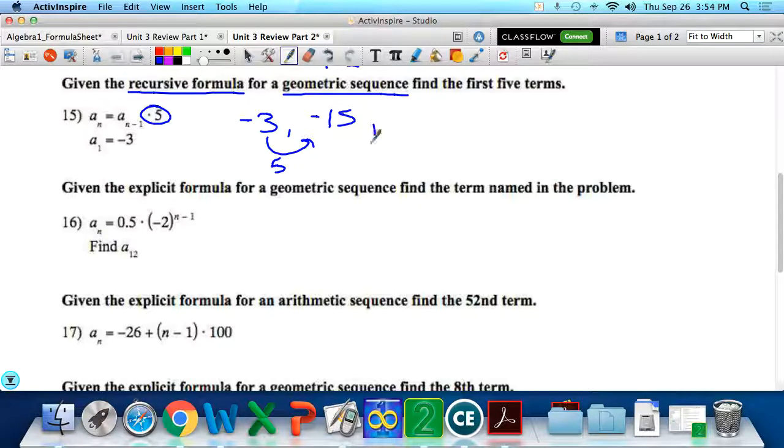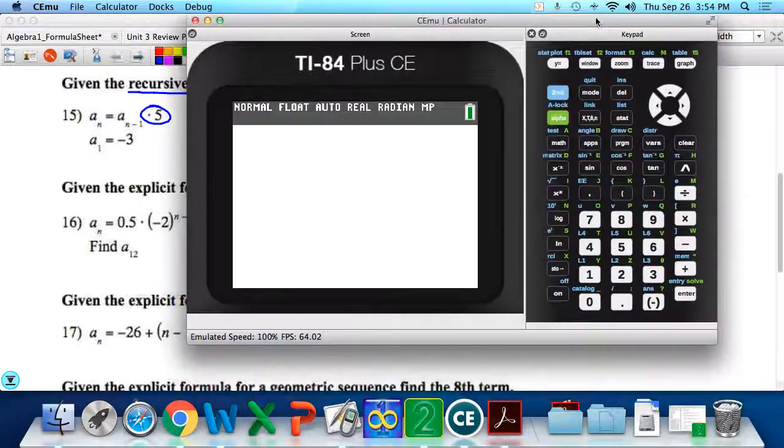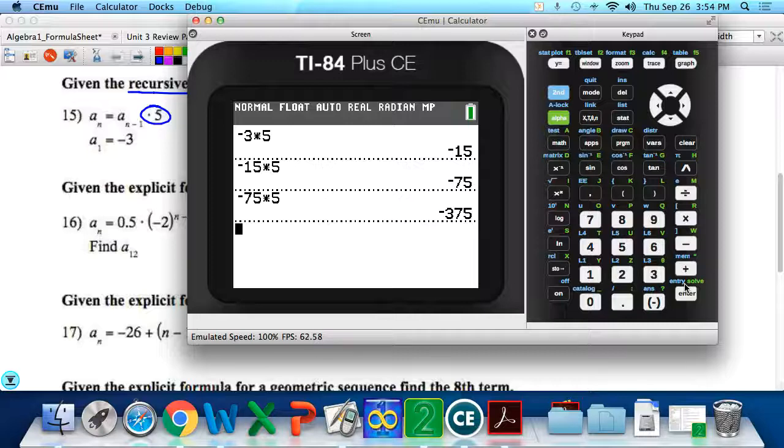And again, if you want to do these by hand, great. If you want to go in and type them in, I'll show you how to do that individually on the calculator. Negative 3 times 5, negative 15. Negative 15 times 5, negative 75, negative 75 times 5, negative 375. I choose to do the times answer thing because it's quicker. But if you haven't quite caught on to that, I want you to be able to see one right here, okay, that I do it one step at a time, okay?